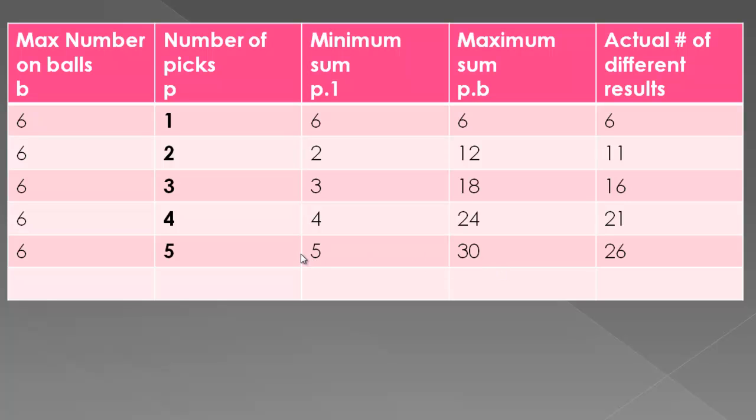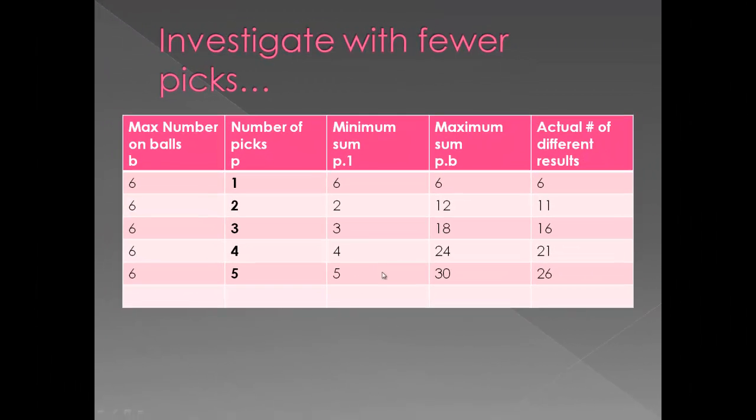We cannot see 1, 2, 3 or 4 as summations, and so we will have 30 minus 5 plus 1, which is 26. The plus and the minus come about because the number of picks is mapped to the minimum sum.